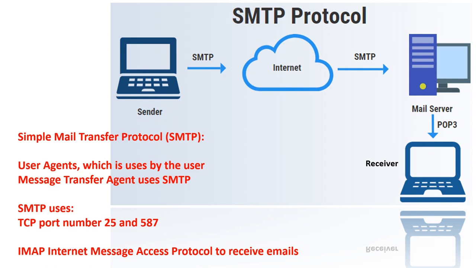The server generally uses SMTP for both purposes, sending as well as receiving emails. SMTP uses TCP port numbers 25 and 587. Client software uses IMAP, that is Internet Message Access Protocol, to receive emails.